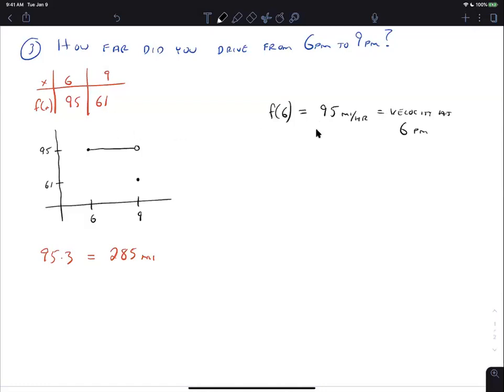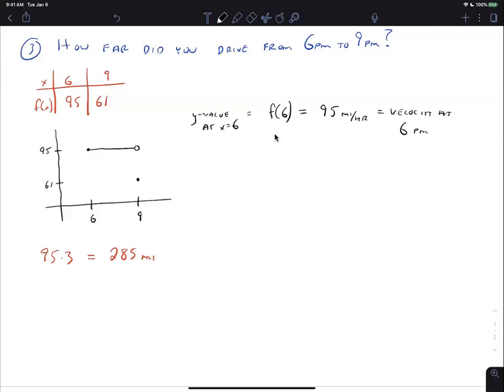What does 95 show up as for f of 6 on this picture? So the 95 is the y value at 6. Does that make sense to everybody? So this is the y value at 6. Everybody follow that? You clear?